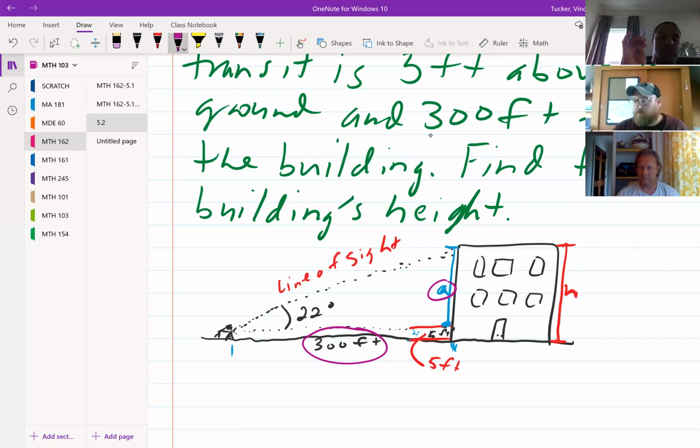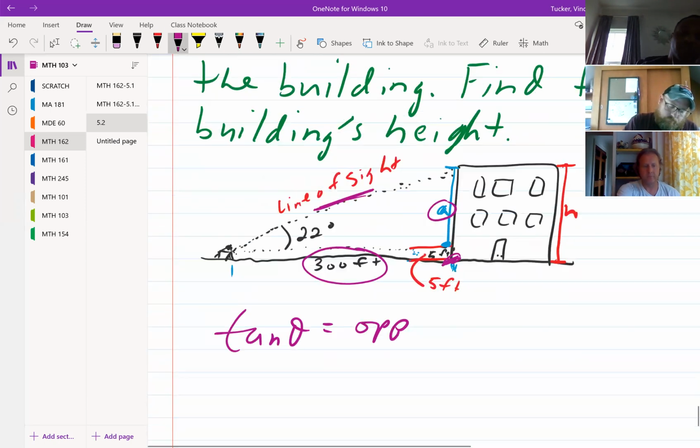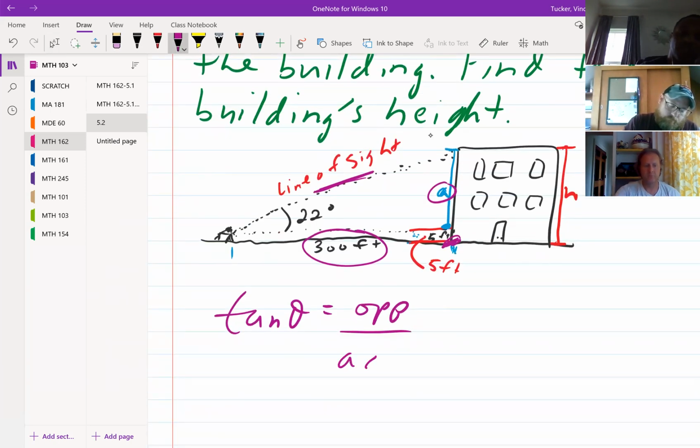Tangent is opposite over adjacent. Our 90-degree angle is over here, so this is our hypotenuse. We don't want to use cosine or sine because they use the hypotenuse, and that's not part of our calculation in this diagram. So we will use tangent of theta, which once again is opposite over adjacent.